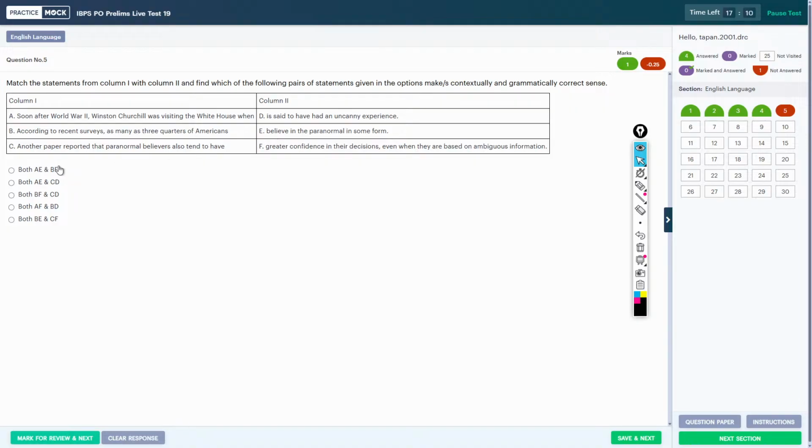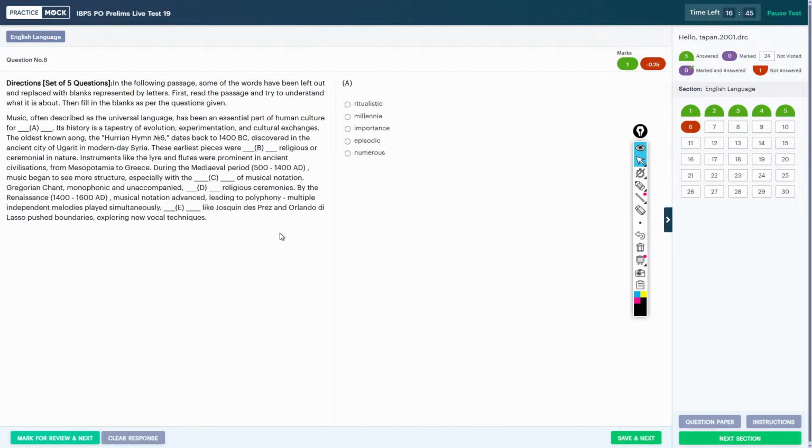So BE is a pair. Another paper reported that paranormal believers also tend to have greater confidence in their decisions based on ambiguous information.